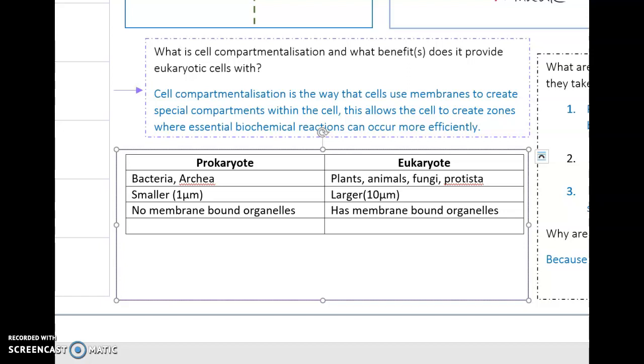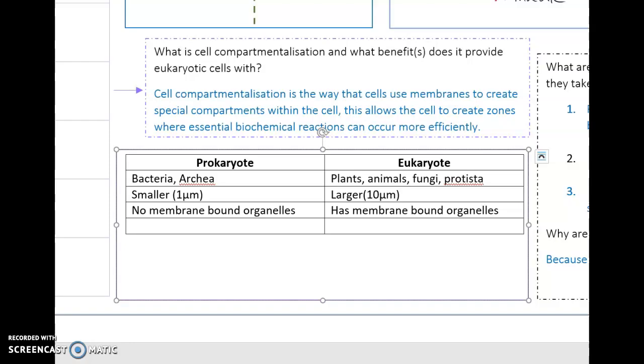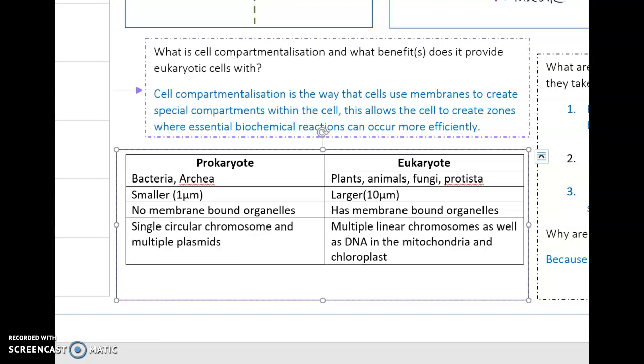Now, having said that prokaryotes don't have membrane-bound organelles, that does not mean they have no organelles at all. They do have things like ribosomes. They don't require membrane-bound organelles. In terms of their chromatin, their nuclear material, their DNA, the prokaryote has a single central chromosome, but it also has multiple plasmids.